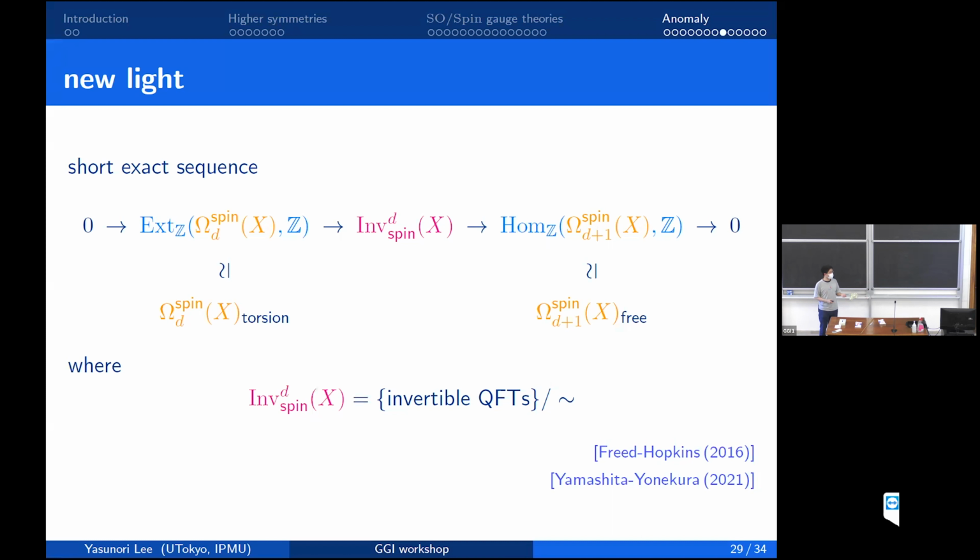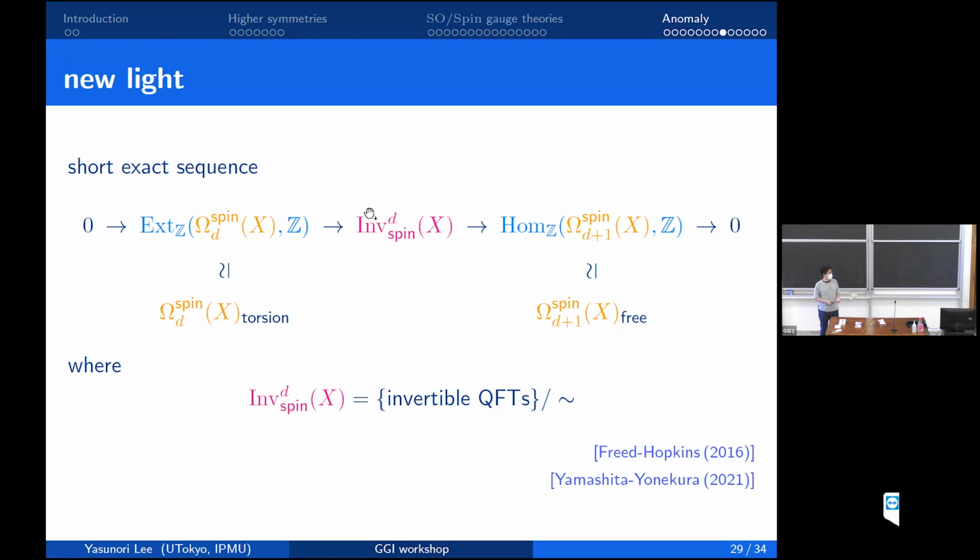Okay, so invertible QFTs themselves already form a group, as we saw in the previous slide. But by looking at certain equivalence classes, it reduces to a nicer group, which we relatively have a grasp of in this kind of description.